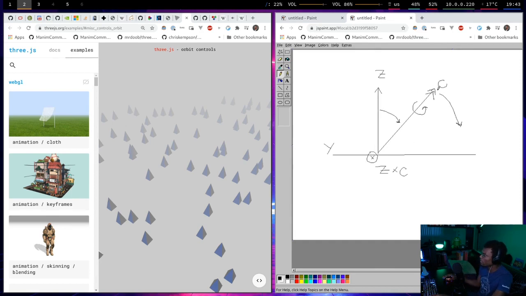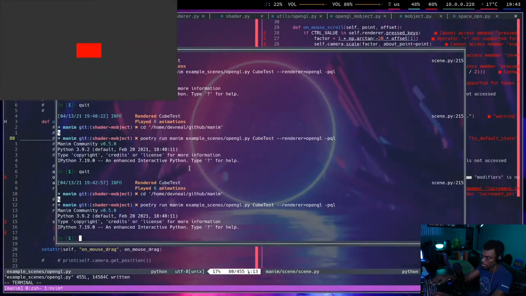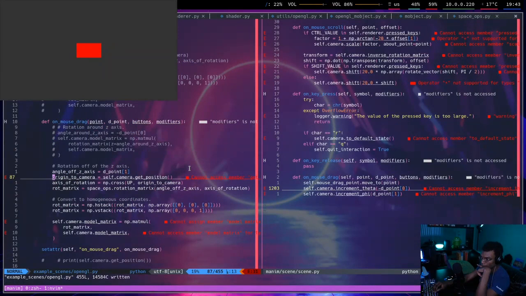Even if this camera gets rotated around the z-axis somewhere, when I cross the z vector with the vector to the camera... Oh, should I normalize these? Is that the problem? I guess up is already normalized.